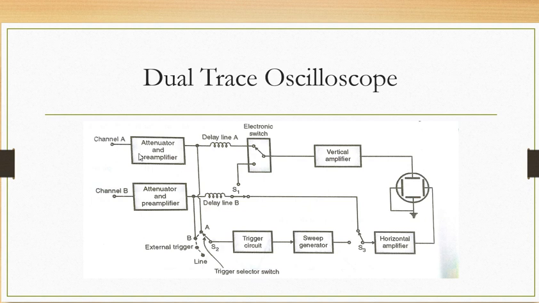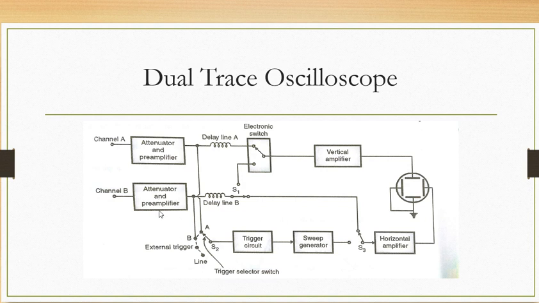So this is channel A and channel B. These are the two separate vertical channels, and they use separate attenuator and preamplifier stages. So if you see here, this is channel A, it has its own attenuator and preamplifier, and if you see channel B as well, it has its own attenuator and preamplifier.